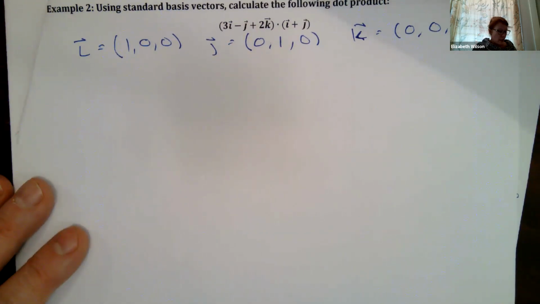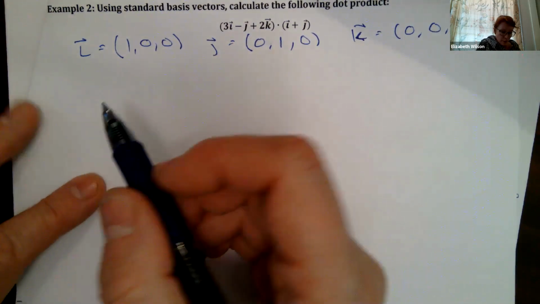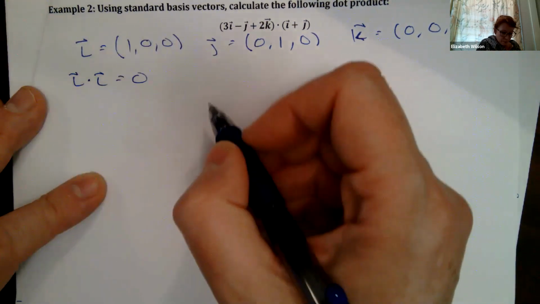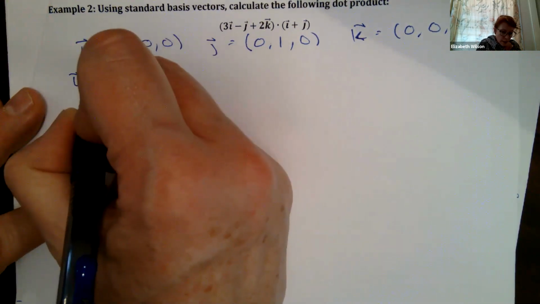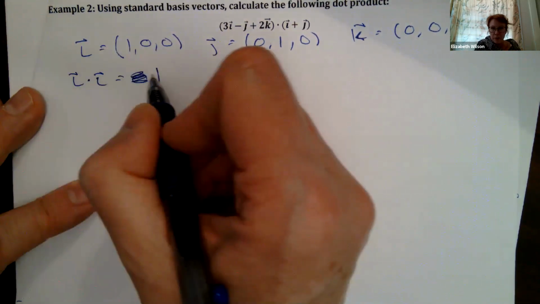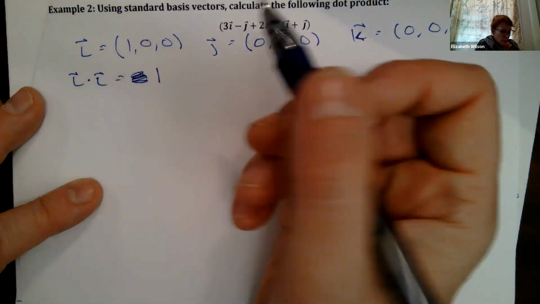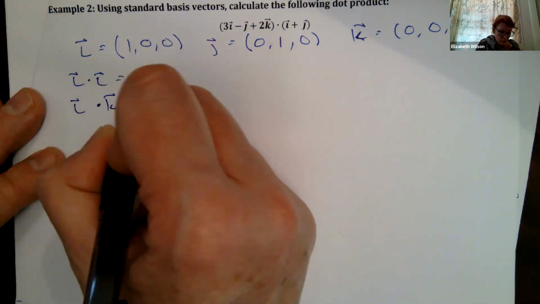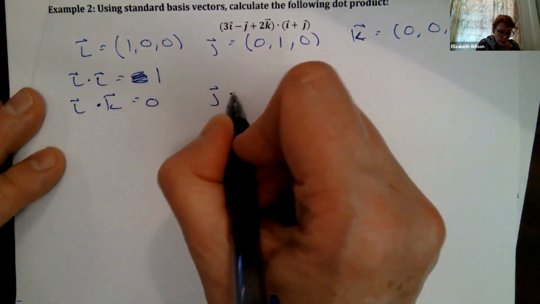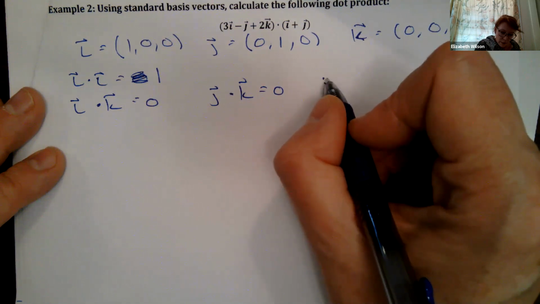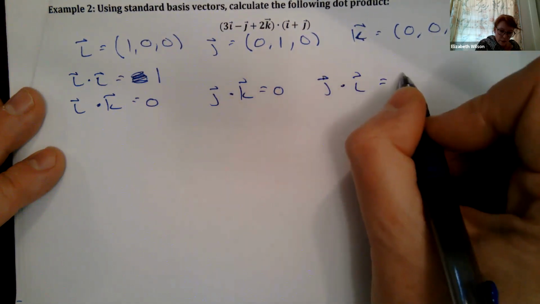Now let me write it out. i dot i is equal to 1. j dot j equals positive 1. k dot k equals positive 1. i dot k equals 0, and j dot k equals 0, and j dot i equals 0.